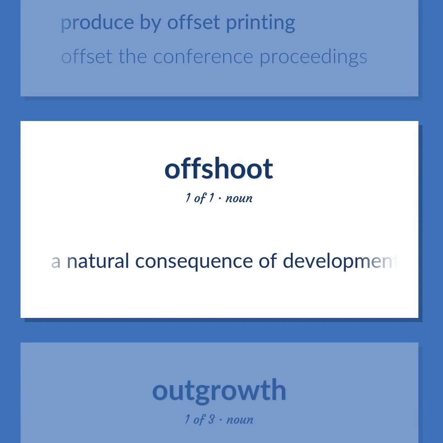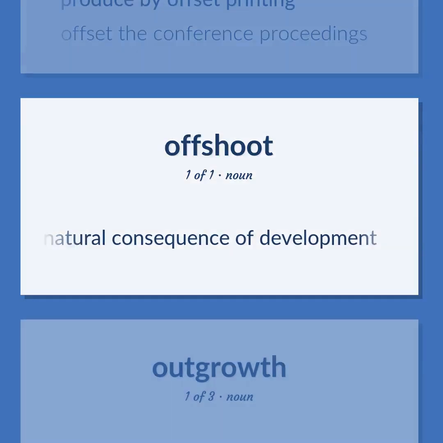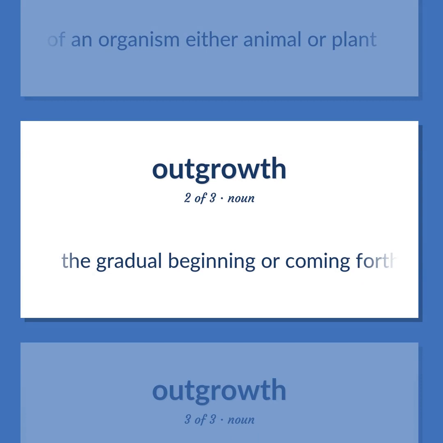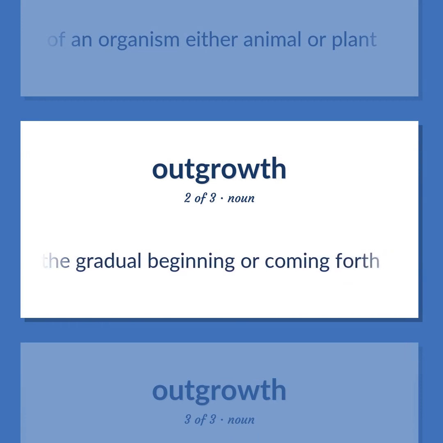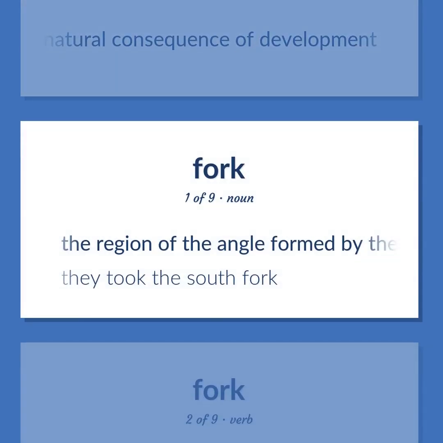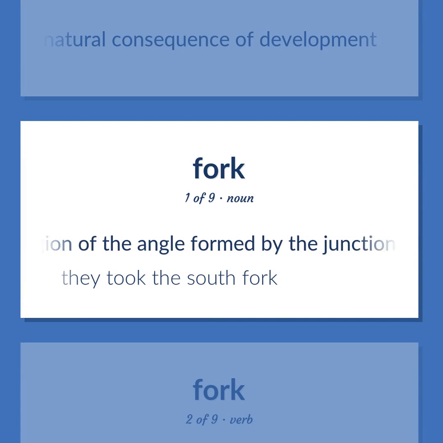A natural consequence of development. A natural prolongation or projection from a part of an organism, either animal or plant. The gradual beginning or coming forth. A natural consequence of development. The region of the angle formed by the junction of two branches.